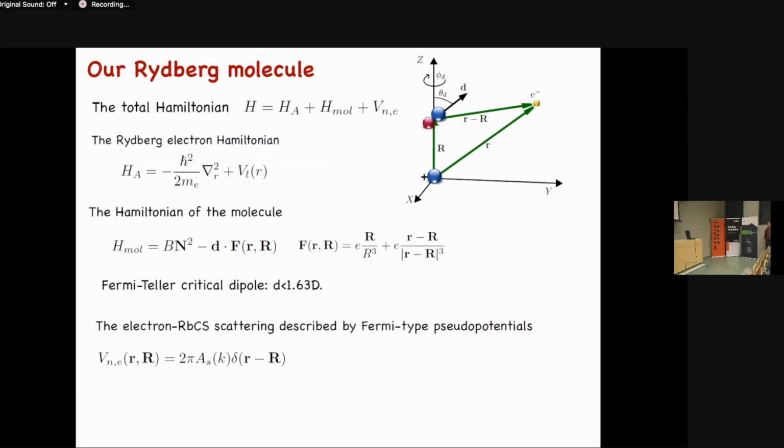But then shouldn't it be the magnetic quantum number? It's not the magnetic quantum number, it's the rotational quantum number of the diatomic molecule. Yeah, exactly. So I would have expected that there's some NZ or something like this. Yeah.